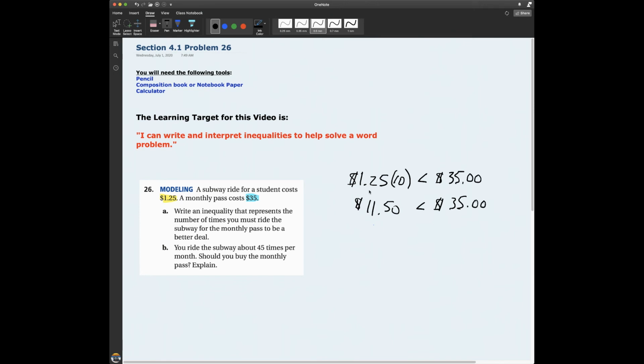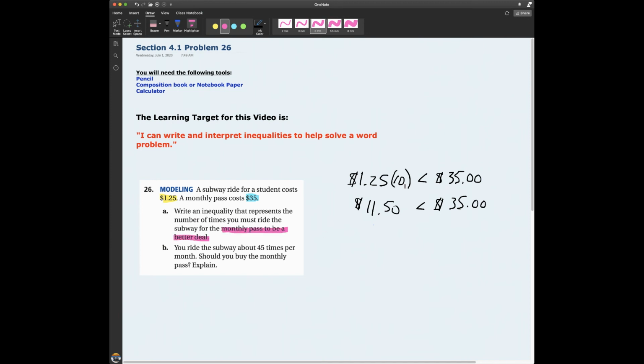I ride it 10 times a month, I'll only spend $11.50 versus $35. But we want to know how many times I need to ride the subway so that the monthly pass, let me highlight this part, so that the monthly pass, we want that to be a better deal.